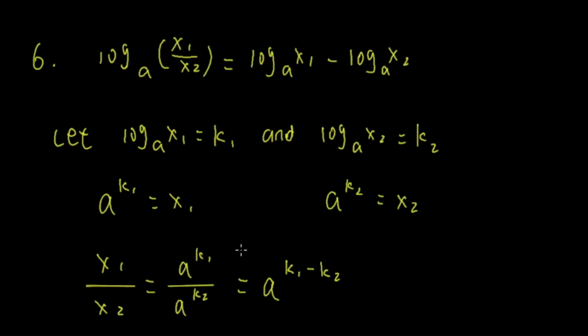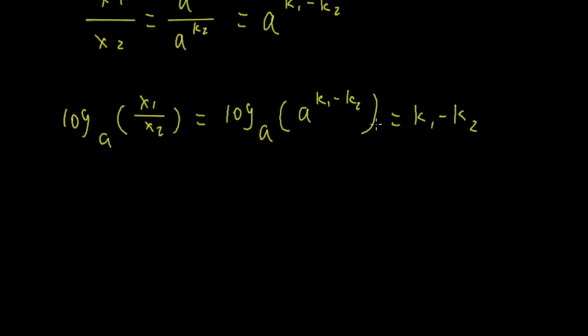Okay, we know that we said this is equal to k sub 1 and this is equal to k sub 2. So on the right side, it's equal to k sub 1 minus k sub 2, right? So here, log x sub 1 to the base a minus log x sub 2 to the base a is equal to k sub 1 minus k sub 2. So the left side is equal to k sub 1 minus k sub 2, and the right side is equal to k sub 1 minus k sub 2. That means these two are equal.